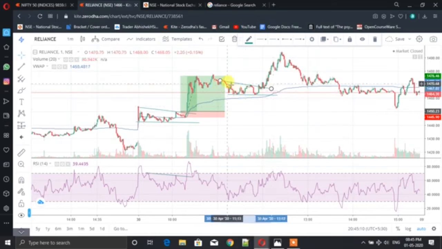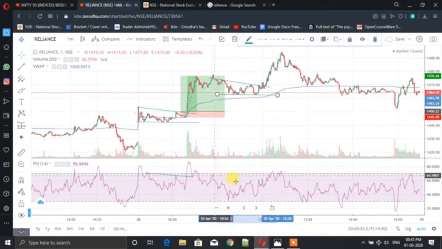As you can see now, we're clear. I guess you guys can get a clear picture. Connecting all the highs and connecting all the lows, we get this wedge-like pattern.